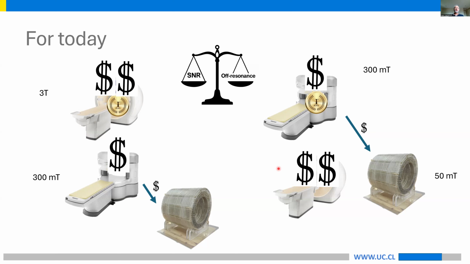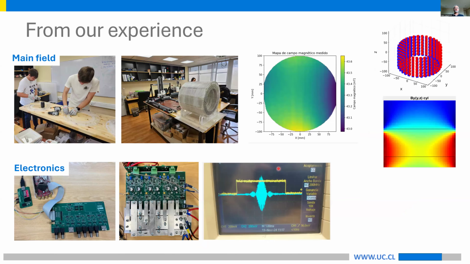Now, what I'm going to tell you comes from our experience. We are in the process of building our own scanner. We haven't finished yet. We already have the main field. Here you can see a picture of the people assembling it and our first measurement of the field, which unfortunately doesn't look exactly as we simulated, but we're getting there.